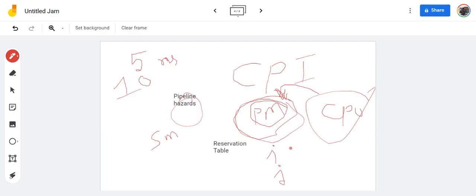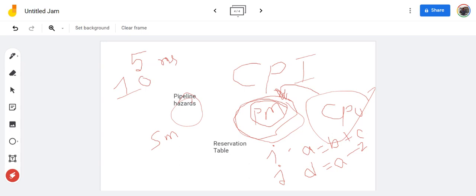So, say instruction I looks something like A equals B plus C and D equals A minus 2. Now, surely you can see that instruction J needs some data which is being produced by instruction I, right? So, this is the first case of true data dependency.